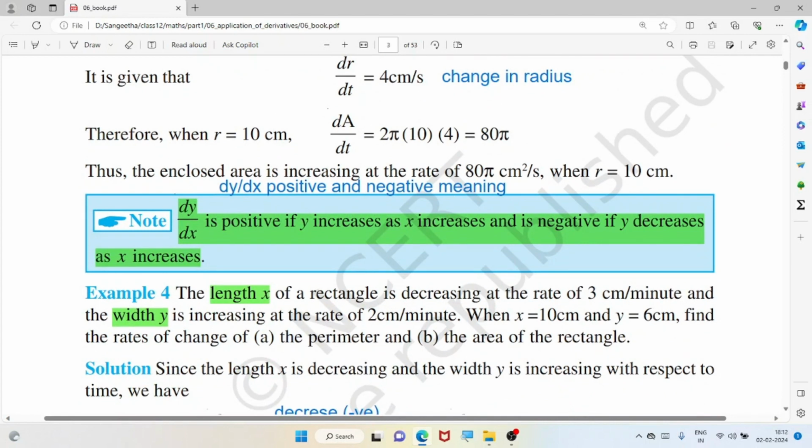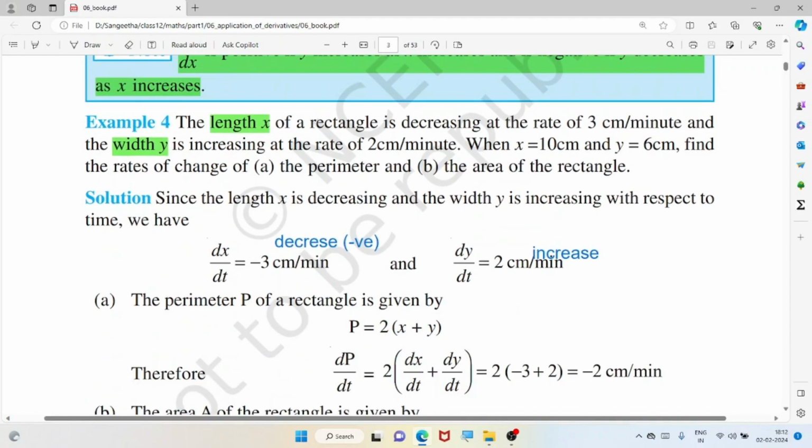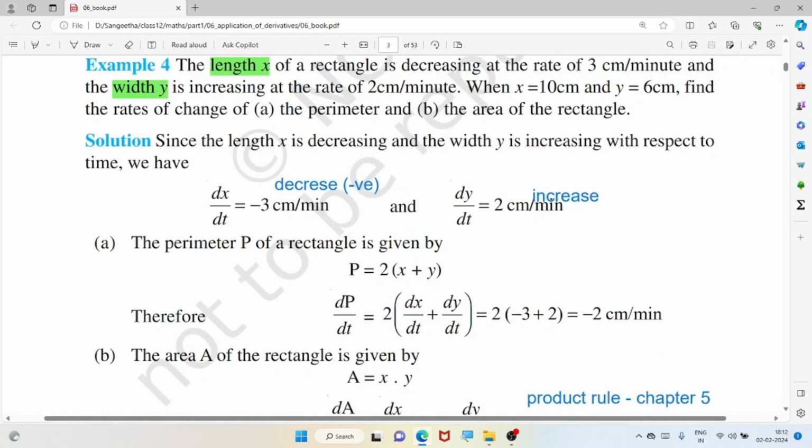dy by dx is positive if y increases as x increases, and negative if y decreases as x increases. The length x of the rectangle is decreasing. When you say decreasing, we use the negative sign, and for increasing, the positive sign. Perimeter of the rectangle, two sides are equal in a rectangle, so 2 into x plus y.